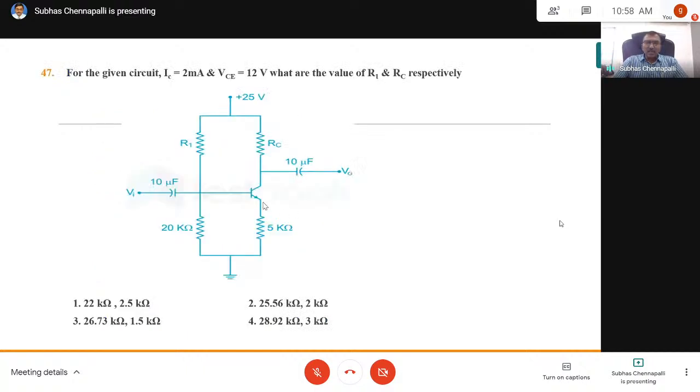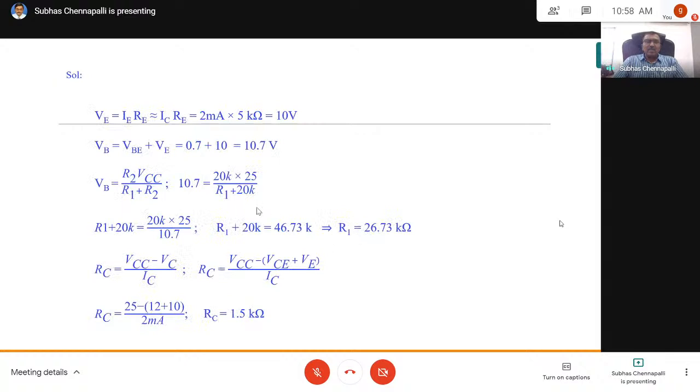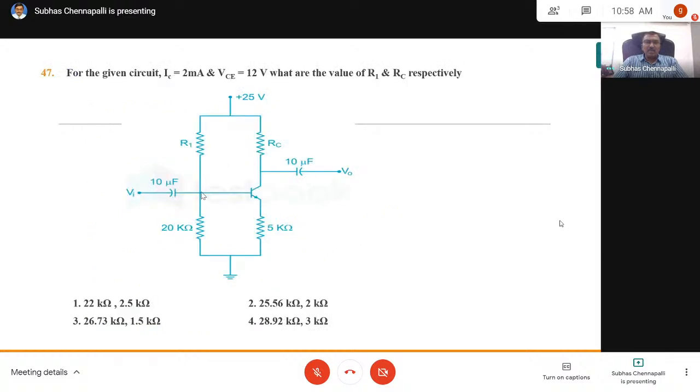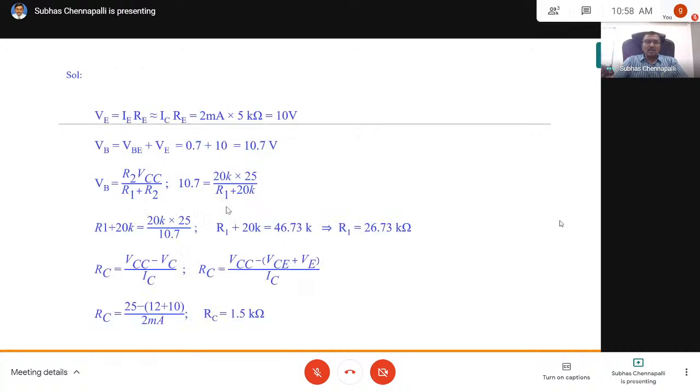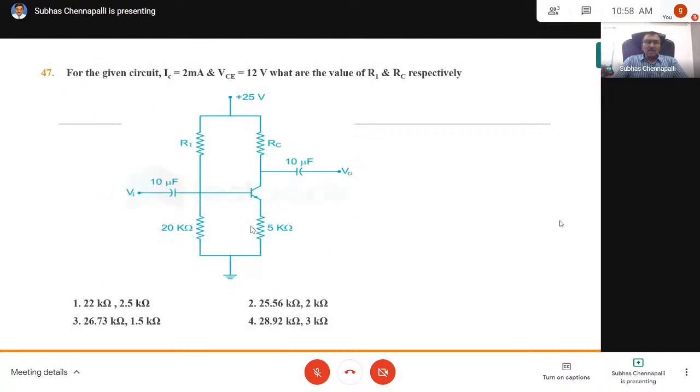Here the voltage is 10 volts. My objective is to know the voltage across this and the current, then I will get RC. So in that direction I have to work. Then VB is equal to VBE, from here to here, plus VE at this voltage.